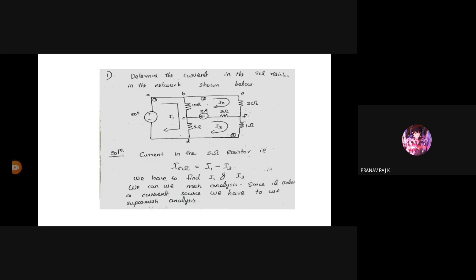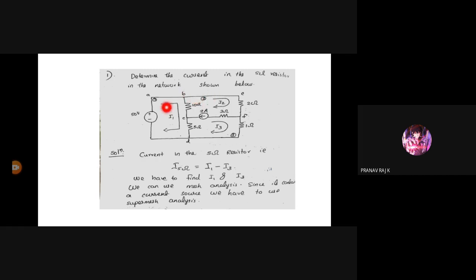Okay. We were at this problem. Determine the current in the 5 ohm resistor in the network shown below. So 5 ohm is here. In the question, it is not asked to use any rules.